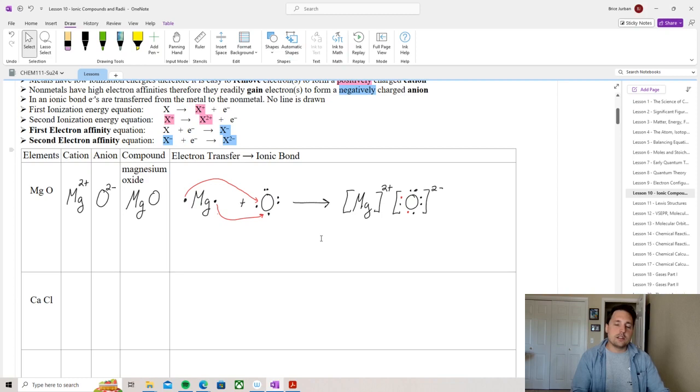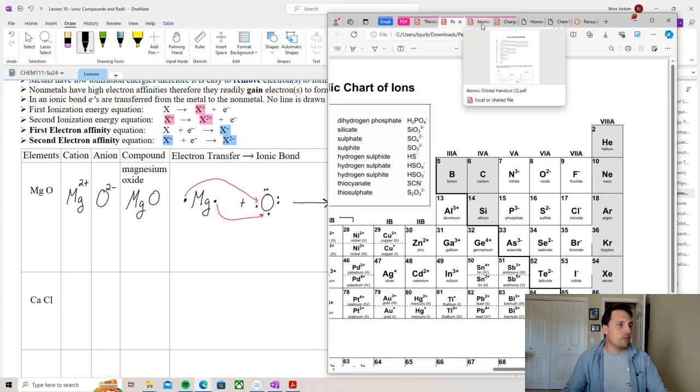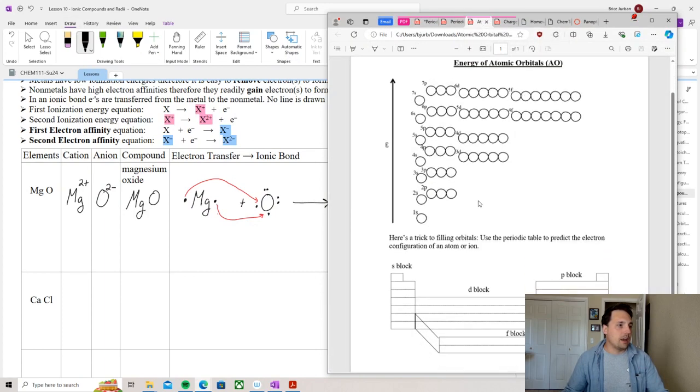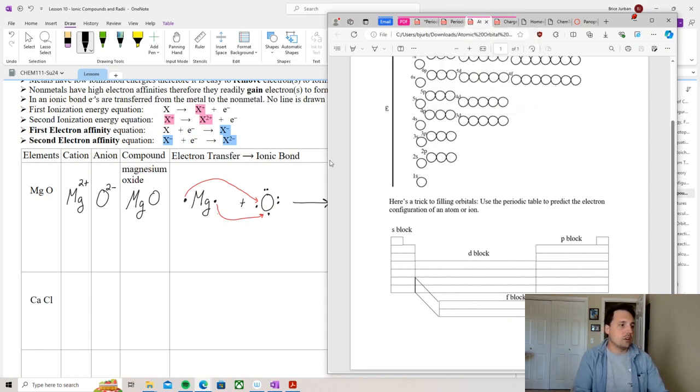Another way we can represent this is using the electronic configurations that we've learned. If we go back and look at our atomic orbital handout, magnesium is the 12th element, so it's going to have 12 electrons. 1, 2, 3, 4, 5, 6, 7, 8, 9, 10, 11, 12.